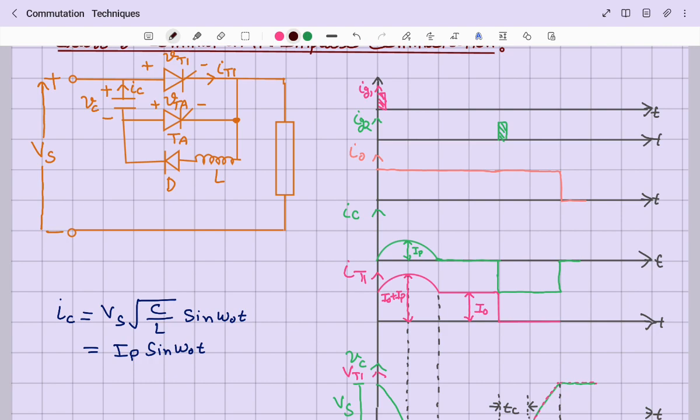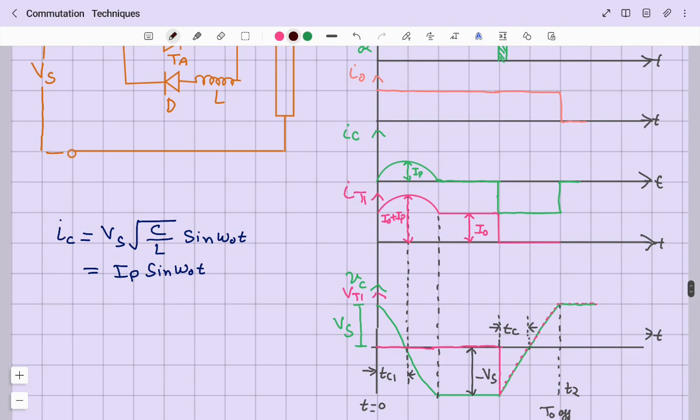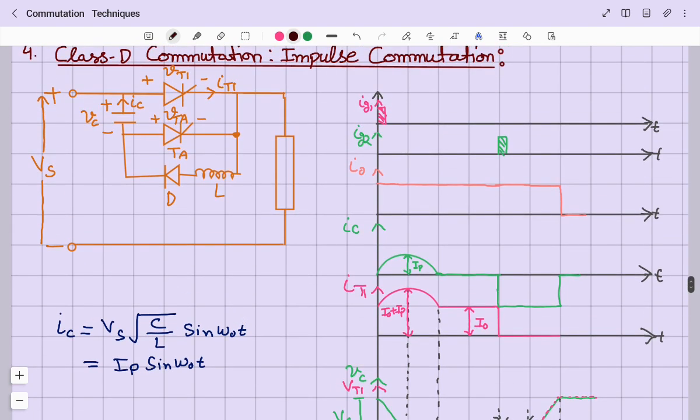So the moment we want to use this circuit, we have to charge the capacitor such that its upper plate is positive and lower plate is negative.